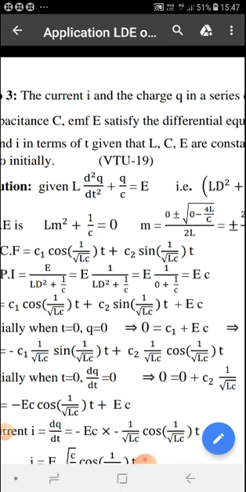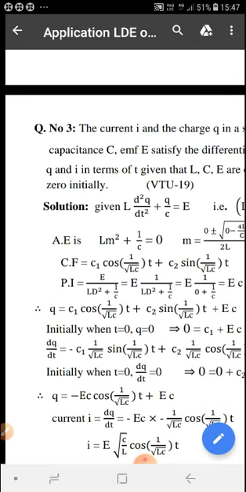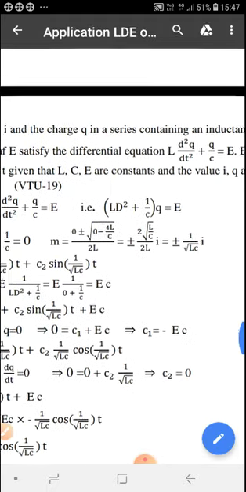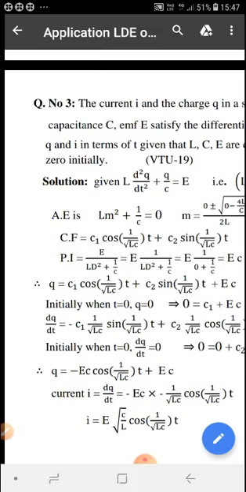Once you get the particular integral and complementary function, you can write Q by adding both. Use the initial condition: at t equal to 0, Q will be 0. So putting t as 0 and Q as 0, you get C1 as minus EC. Then use that at t equal to 0, current I, dQ/dt, is 0.